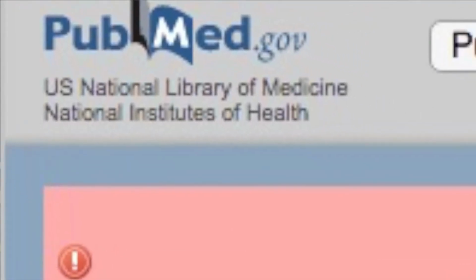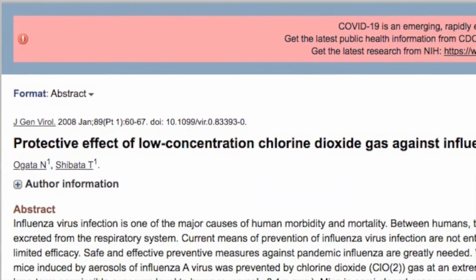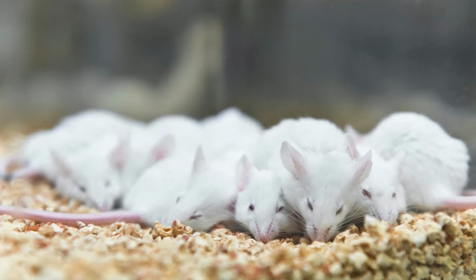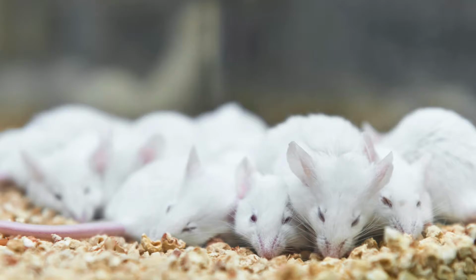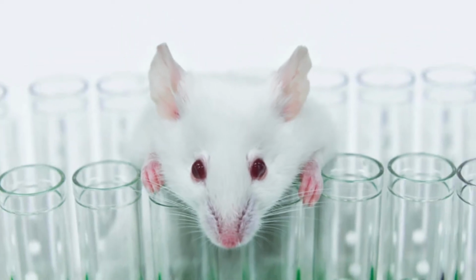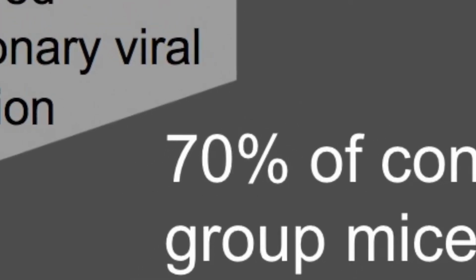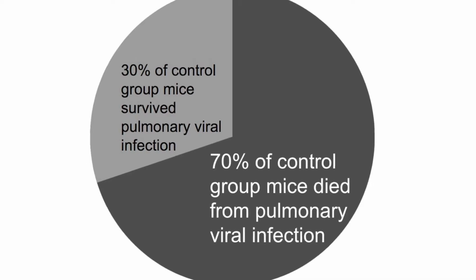According to the U.S. National Library of Medicine, there was a study conducted by Ogata and Shibata in 2008, where they infected 2 groups of mice with a pulmonary influenza virus. One group was a control group, and the other group was given a low concentration of chlorine dioxide. After 16 days, 70% of the control group were dead.